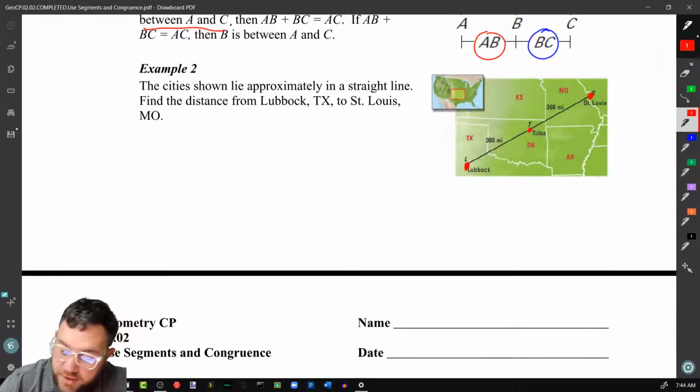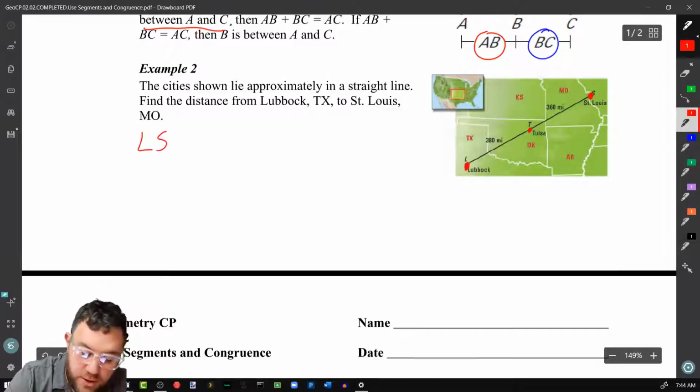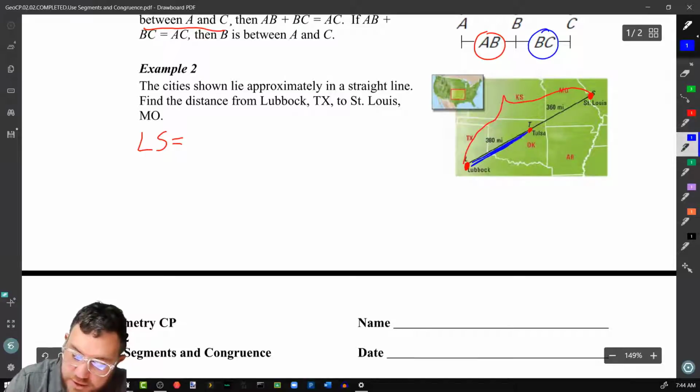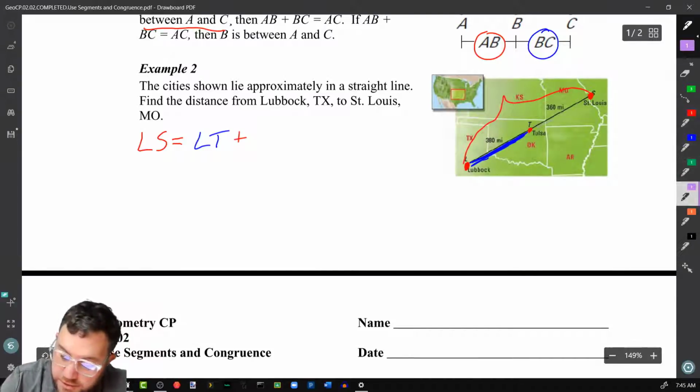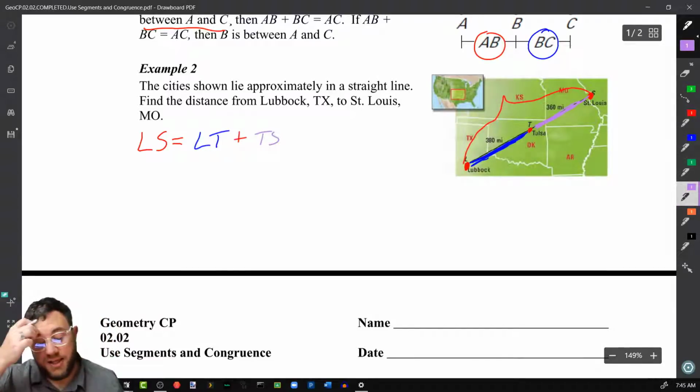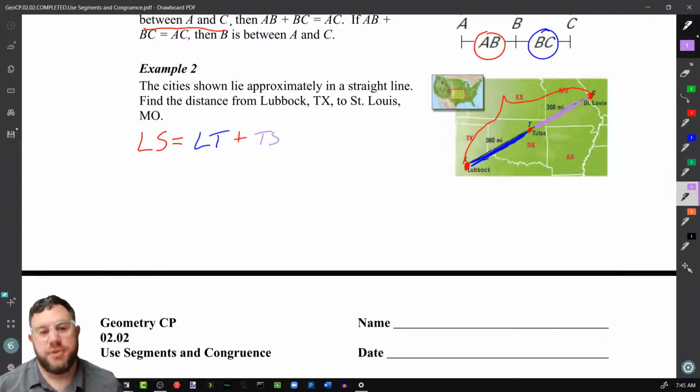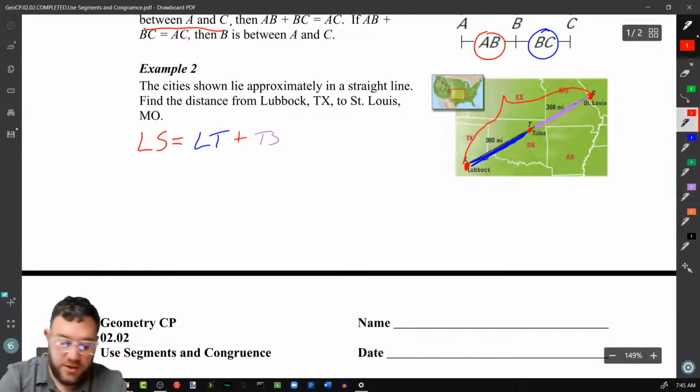So we know that LS, that's the whole thing, is going to be, I'm going to color code this for you, LT plus TS. So the length of LS equals the length of LT plus the length of TS.